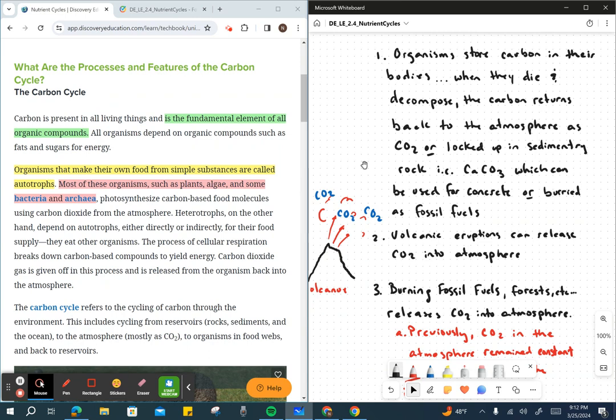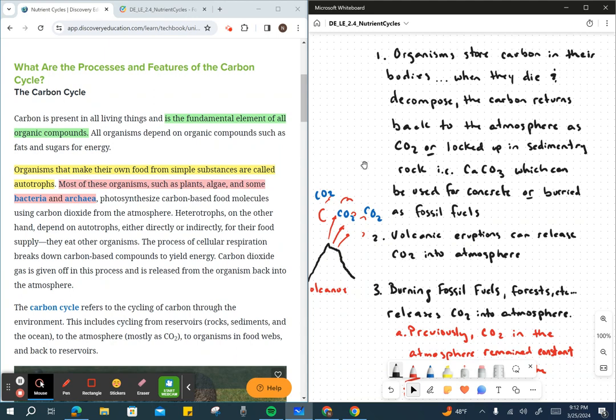Sometimes our body is just going to get buried in the dirt, and so a lot of that carbon is going to get buried in the dirt as well. Sometimes it can get buried quickly in what we call anoxic conditions, where there's not a lot of oxygen. Think about being buried quickly in mud. Then that carbon might get locked up for a long time as it turns into sedimentary rock, perhaps over long periods of time.